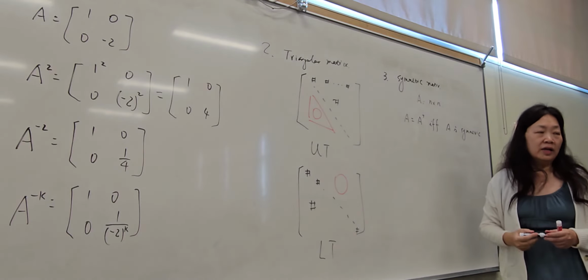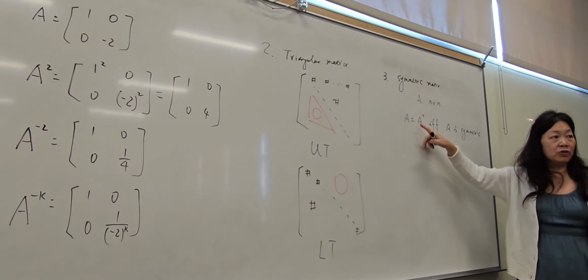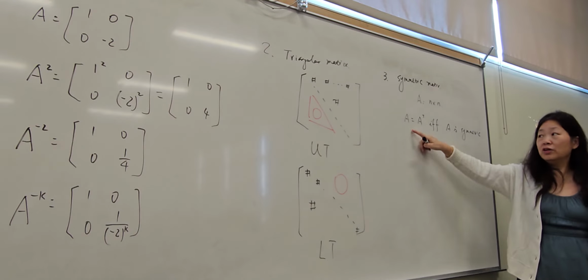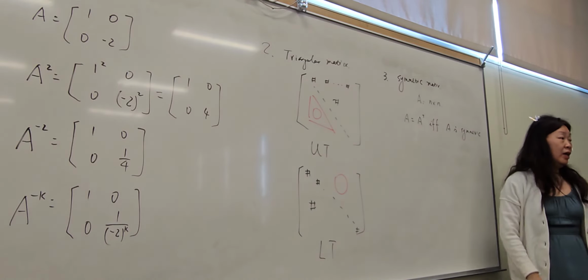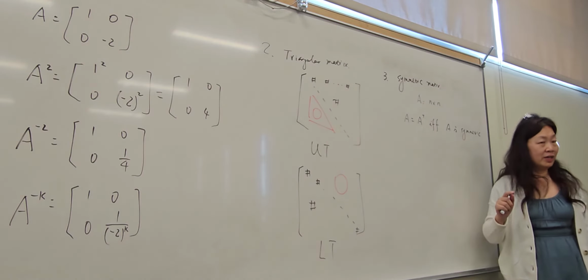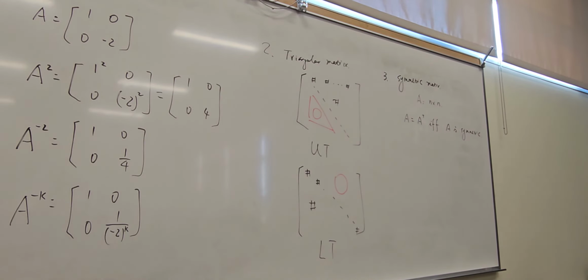So if a matrix equals its transpose, then this matrix is symmetric. So what does a symmetric matrix do for you? There are a lot of things it can do for you also, and we will learn about that later on. So those are the three special matrices.